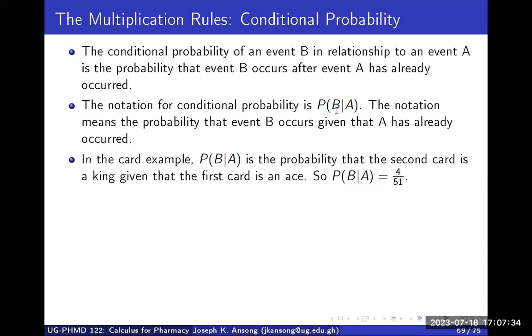In the card example, P(B|A) is the probability that the second card is a king, given that the first card is an ace. So the probability of a king, given that the first is an ace, will be 4/51. This is to show that the probability of finding a king is not from the ordinary deck per se, because you have already taken a card out of the ordinary deck. So it's now a conditional probability. All right, good.